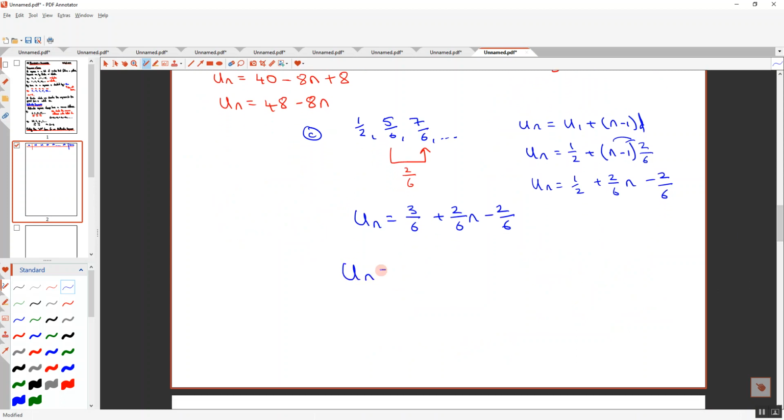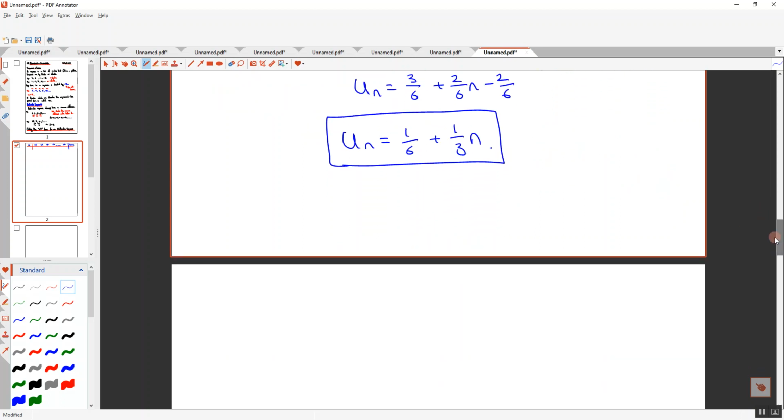So U1 equals 1/6. What is 2/6 simplified? There we go. Okay, so that would be our general formula. All right. Excellent. Good. Is that the way you would have gone about these last year, using the formula? Okay. Good.